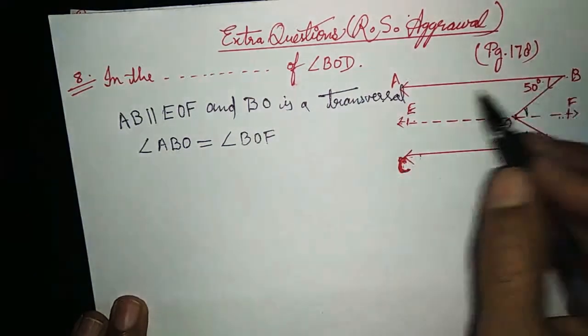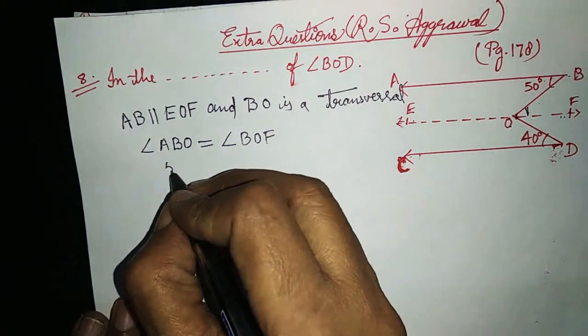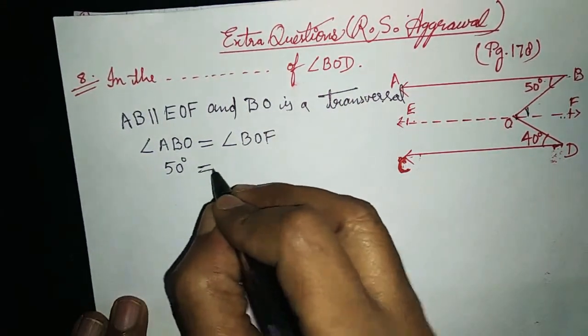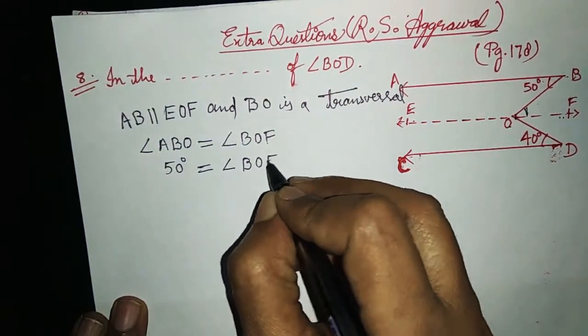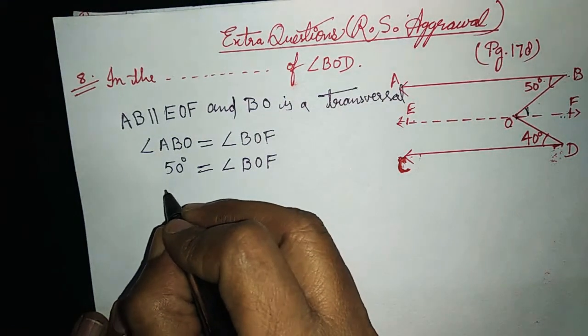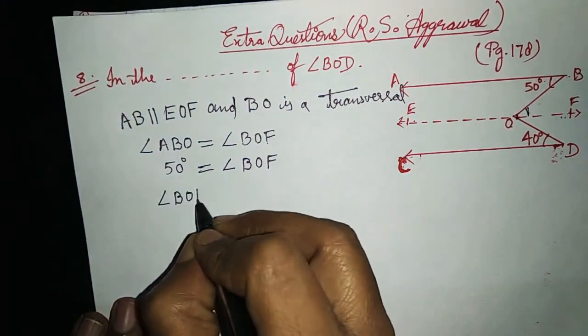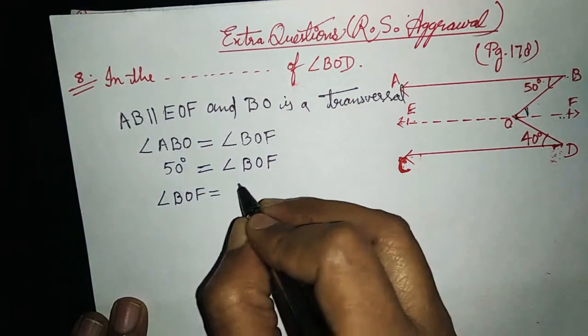So here the measure of angle ABO is 50 degrees, and we have got angle BOF is equal to 50 degrees.